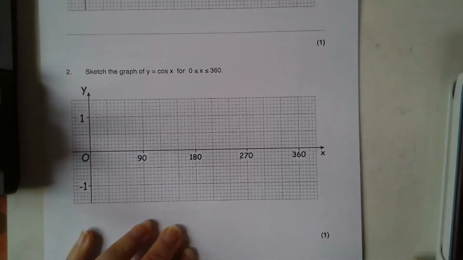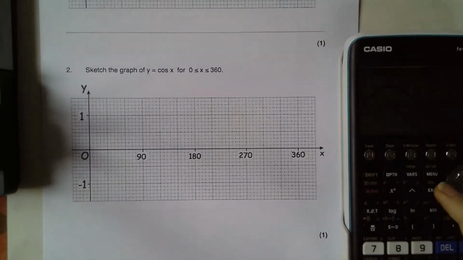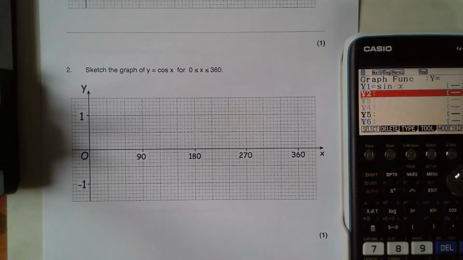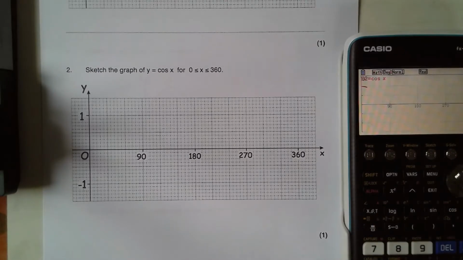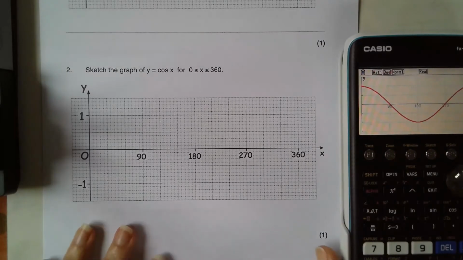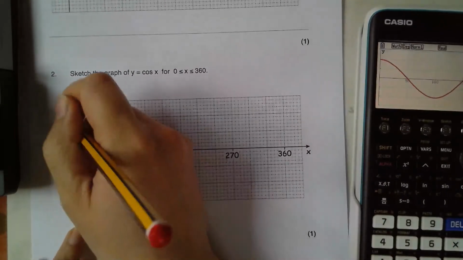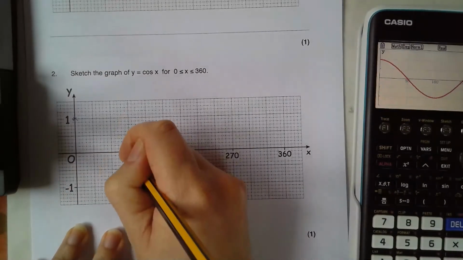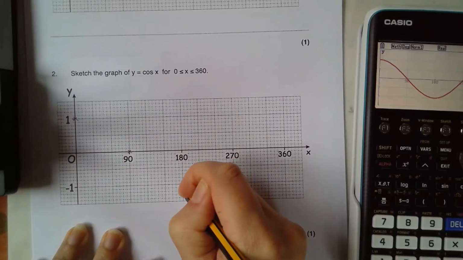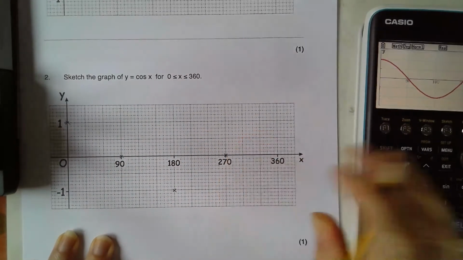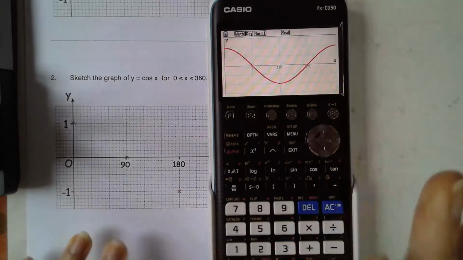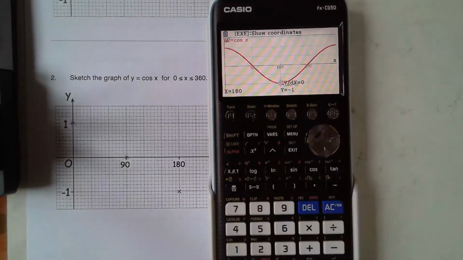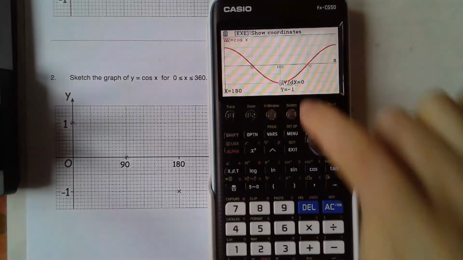Underneath, it wants exactly the same for cos x. So I can go Exit and select, go underneath, cos x, and draw that on the same axes that I've set up. This time, 1, 0, -1, 0, 1. And I know that because I'm familiar with it. Remember, if you don't, you can go Trace, and you can say, what's the value at 180? -1.